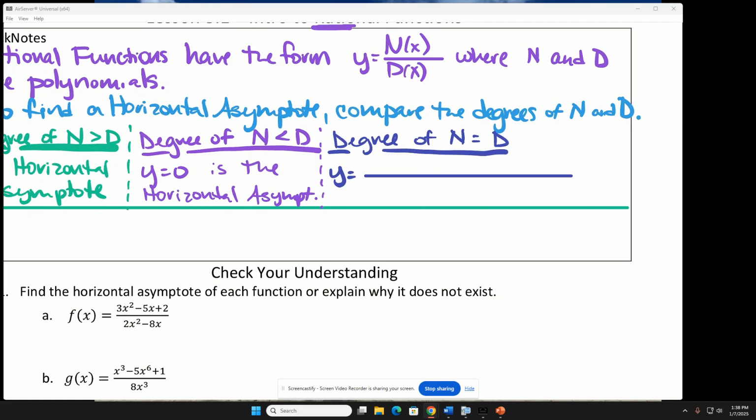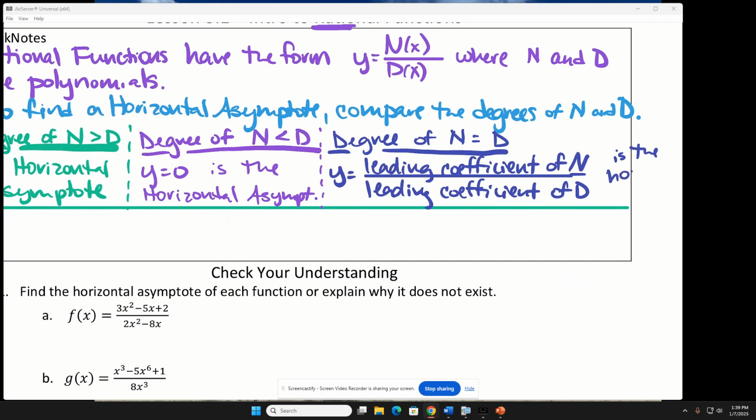All right, so what we do is the leading coefficient of the numerator, which we'll just call n, over the leading coefficient of the denominator, which we'll call d. And that's going to give you the horizontal asymptote.